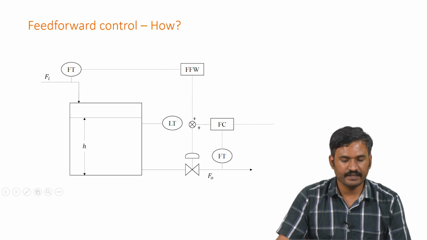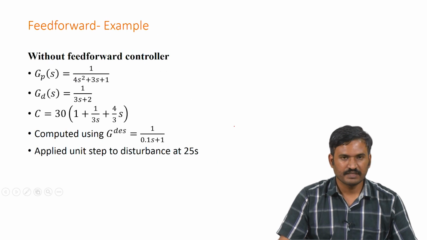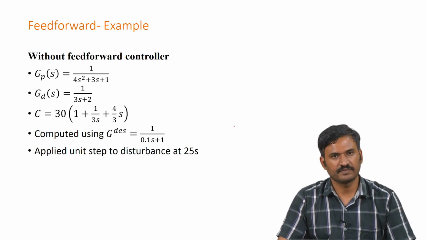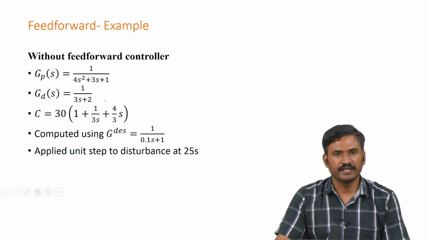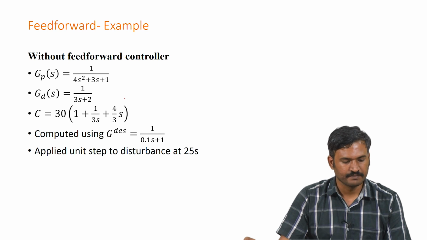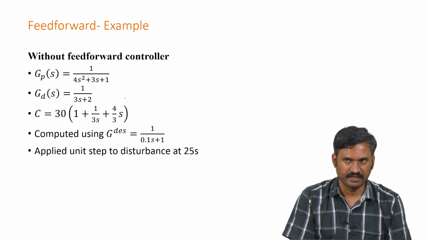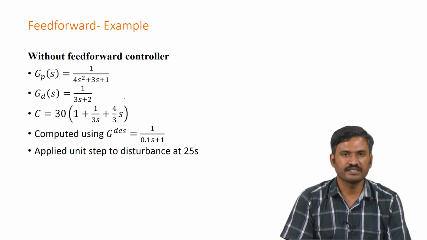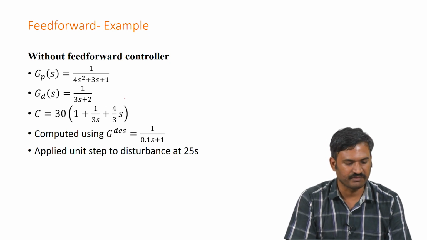So, we add it along with the flow controller present here. The same feed forward example is configured in the Simulink block diagram, and we will see how the performance differs between the configuration with feed forward control and the configuration without feed forward control.